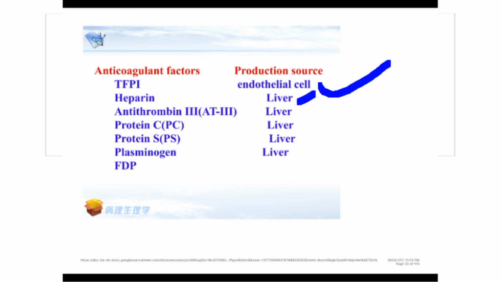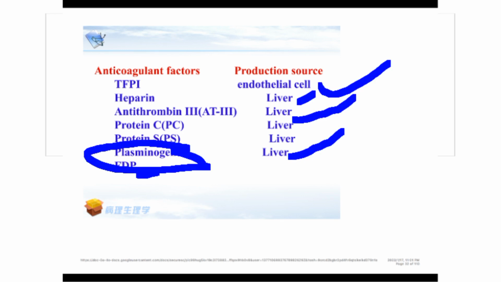Then heparin. Heparin is a drug. We have the synthetic, that is artificial one, and we have heparan sulfate, which is synthesized from the liver, but we have the heparin that is synthesized artificially. We have antithrombin 3, protein C, protein S, and plasminogen. This is fibrin degradation protein. Plasminogen will not prevent blood clotting; its function is mainly destruction of the clot.